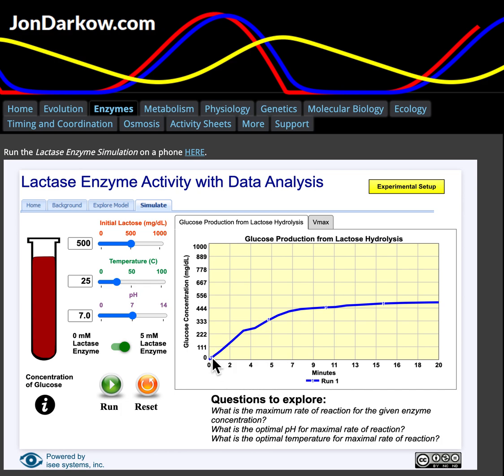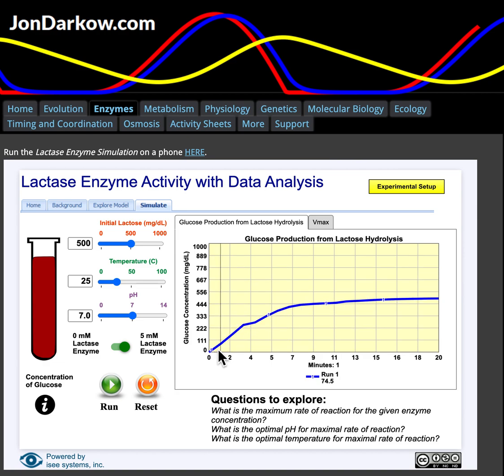The way that I know is I just click on the line. When I click on the line, you can see down at the bottom underneath where it says run 1, it says 74.5. That 74.5 is the glucose concentration. Above where it says run 1, it says 1 minute. That 1 minute is the time. So this is the glucose concentration, 74.5, at 1 minute into this experiment.